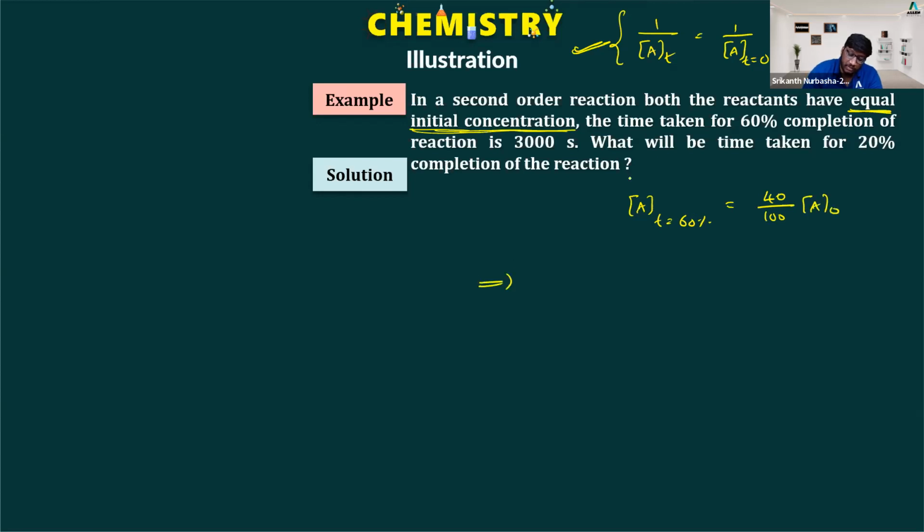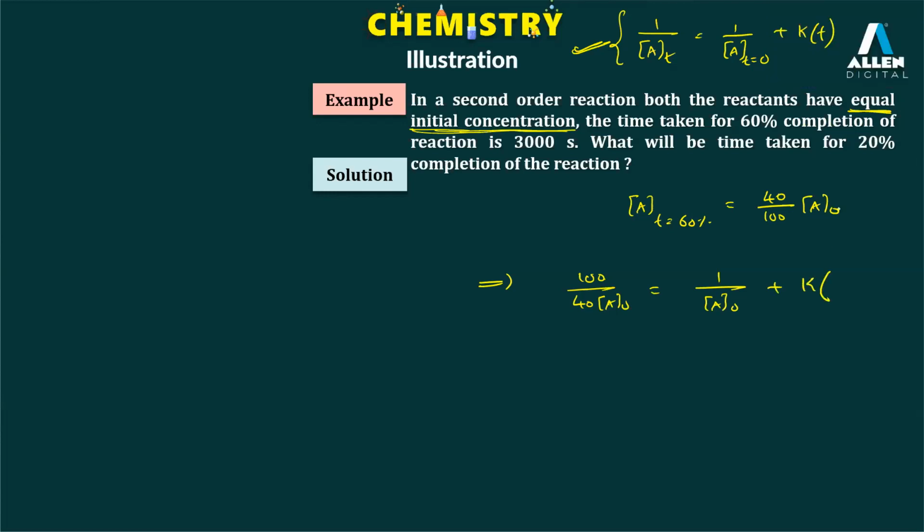So I can write the expression 1 by concentration of A at time t is 100 by 40 A naught, equal to 1 by A naught plus K into time, which is 3000 seconds.